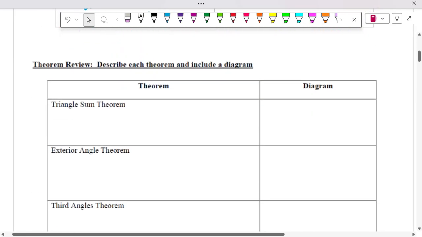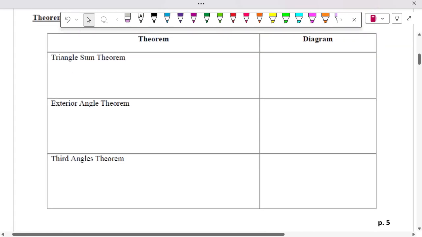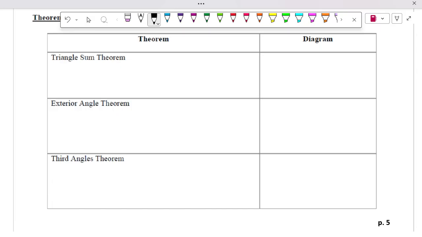Now, just to reiterate these theorems. The triangle sum theorem just states all interior angles add to 180 degrees in a triangle.